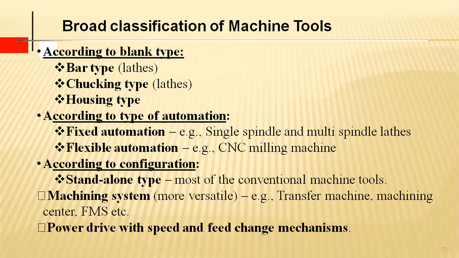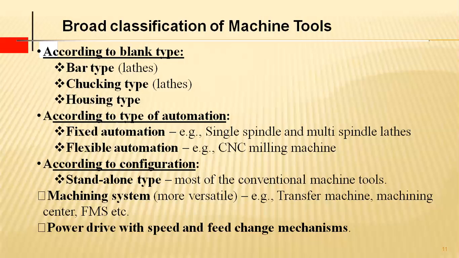According to its configuration, it is subclassified into standalone type, mostly visualized in our conventional machine tools. Machining systems which are transferable offer the possibility of commencing a flexible manufacturing system.